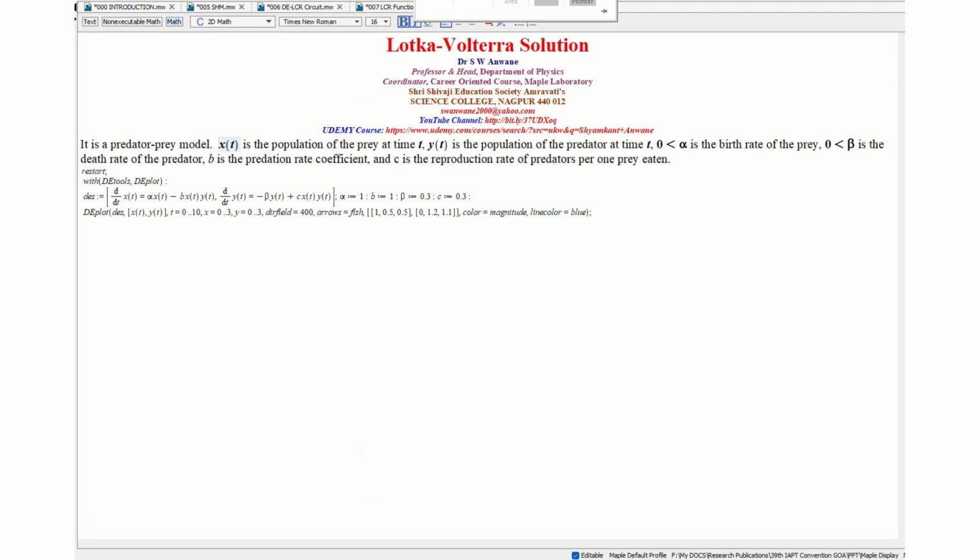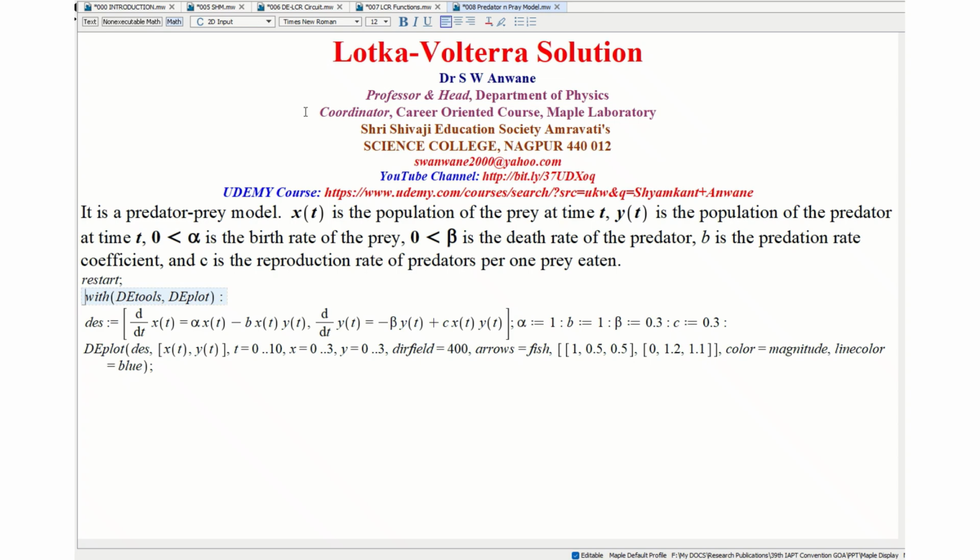If you know the Lotka-Volterra solution, the predator and prey model, you'll be able to understand the solution of this differential equation and the plot. So with DEplots and DEtools, we are running this pair of equations wherein dx by dt is equal to alpha times x minus b times x into y.